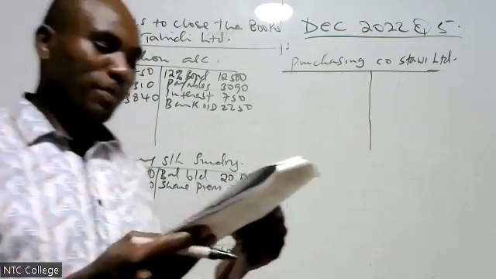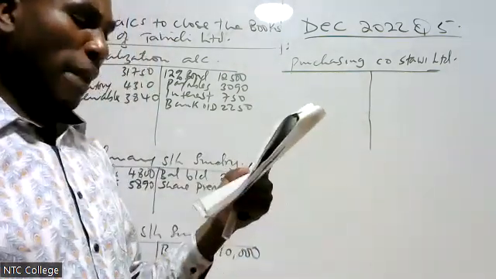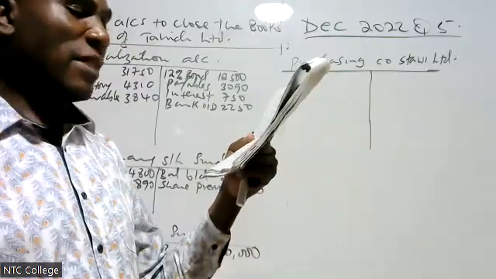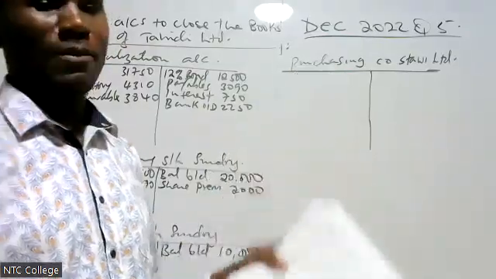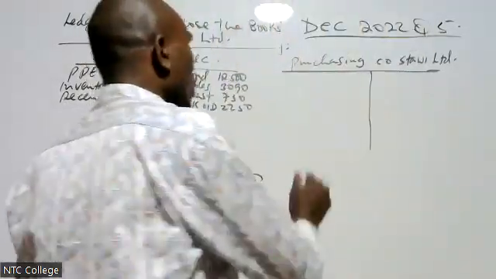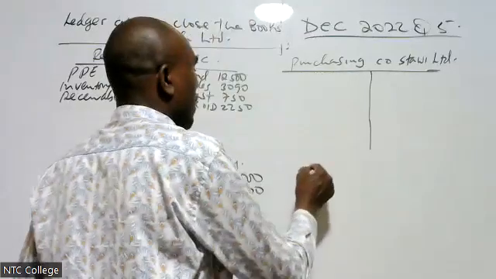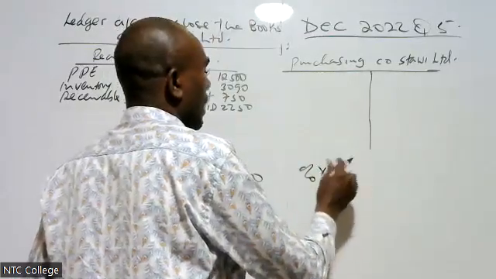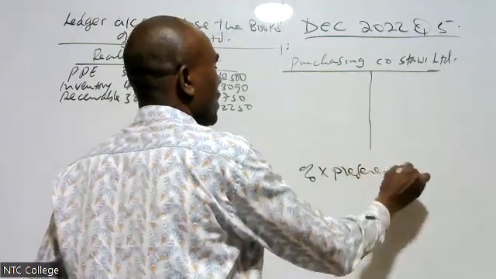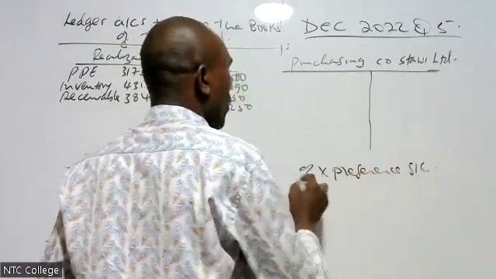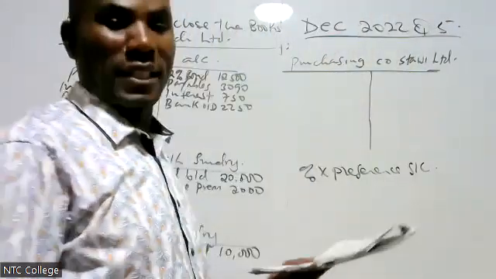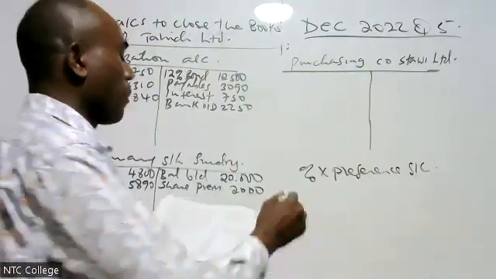Therefore, in this question, when you go to note number 3, the examiner says, preference dividend in Tahiti Limited were 2 years in arrears. How do I get preference dividend? Percentage times preference share capital. How much is the percentage of preference?